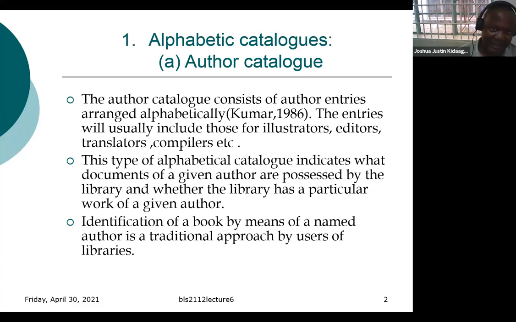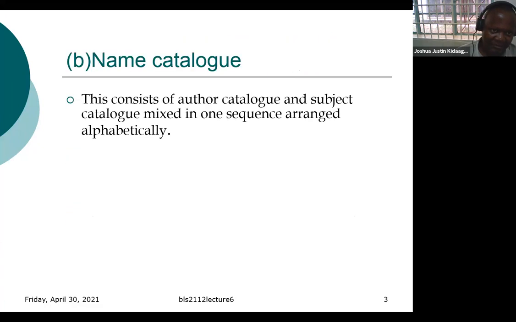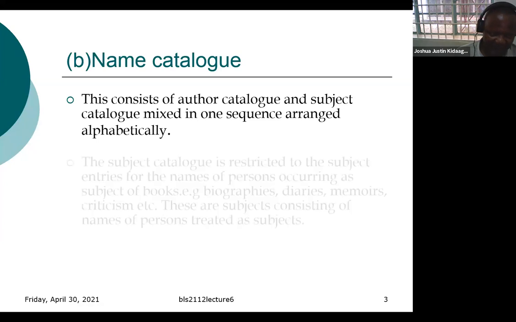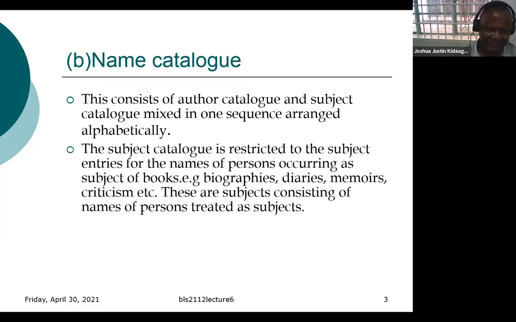Then the second alphabetical catalog is what we call the name catalog. This has the author catalog and subject catalog mixed in one sequence, arranged alphabetically. What does this mean?